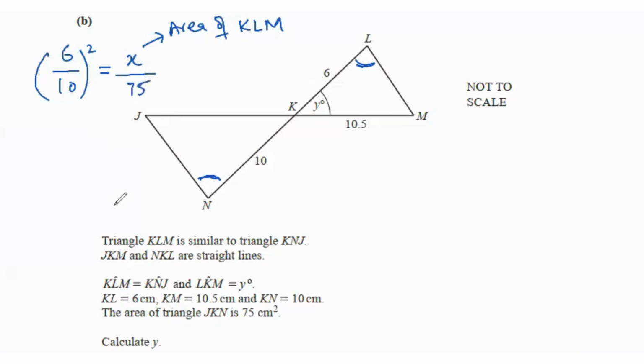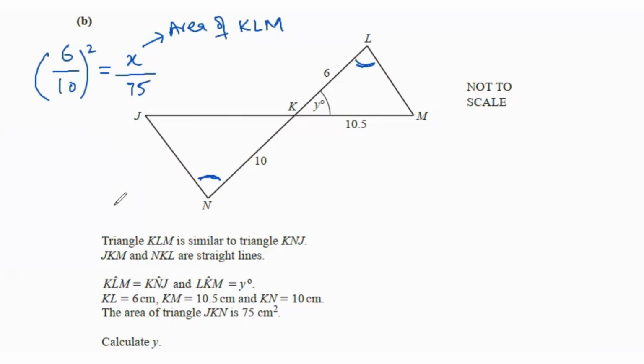The reason I squared 6 over 10 is because whenever we have area and we have to find a missing length or missing area, you always square the ratio of your lengths. If they had given us the volume, then we would cube the ratio of lengths.